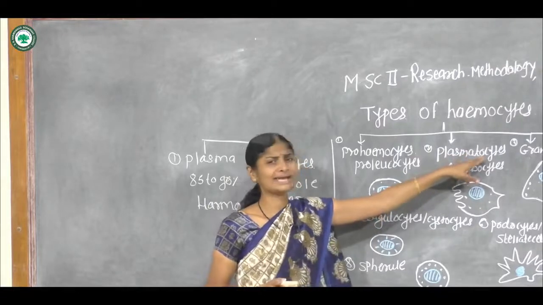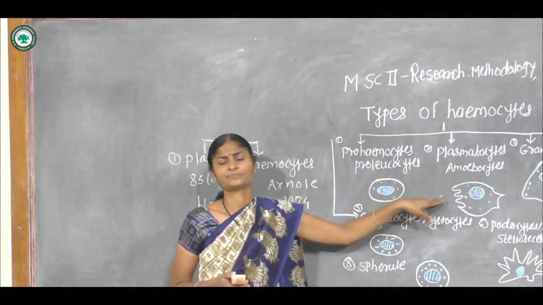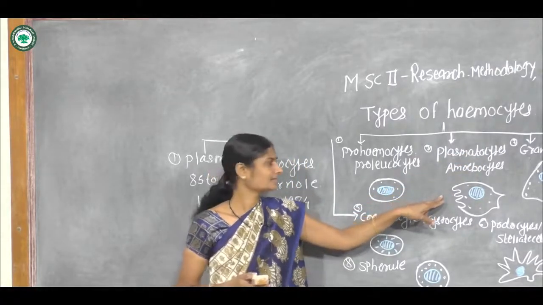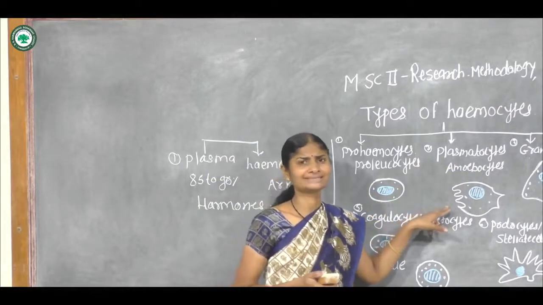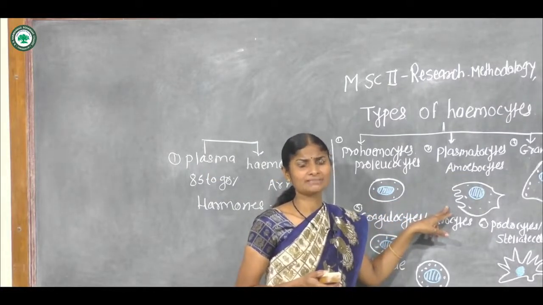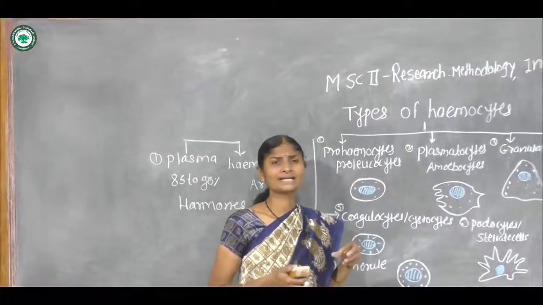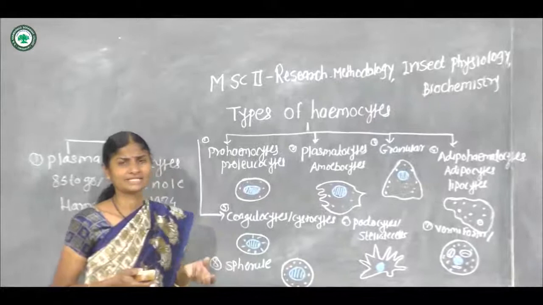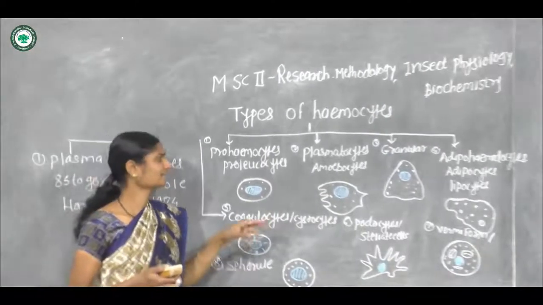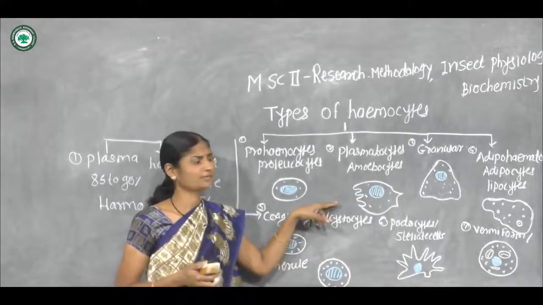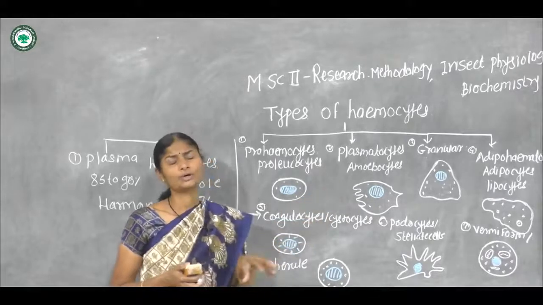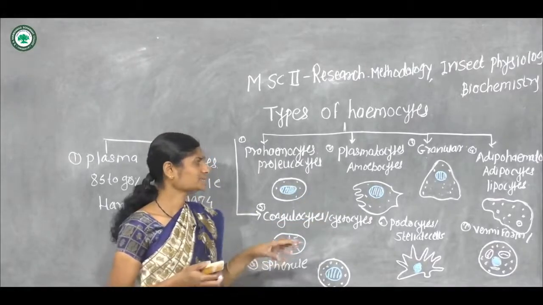These plasmatocytes are involved in phagocytosis. Phagocytosis means the cell uses its plasma membrane to engulf foreign particles, that is viruses and bacteria, and protects the insect from foreign particles.